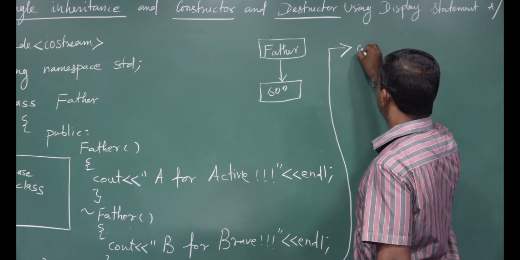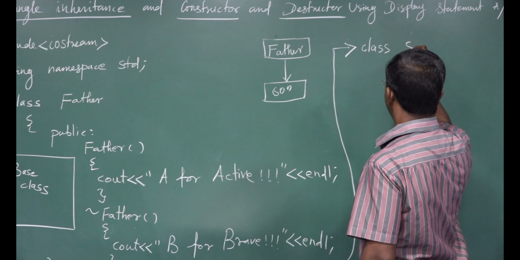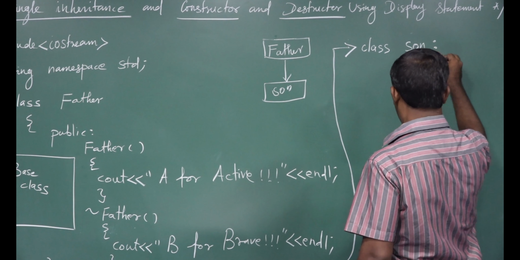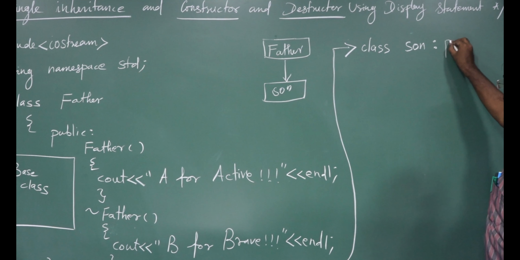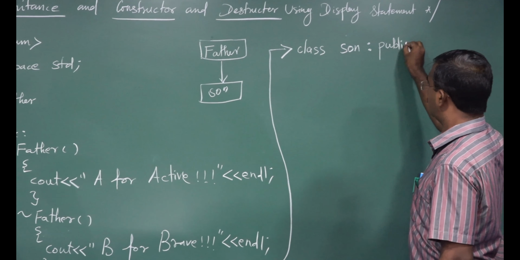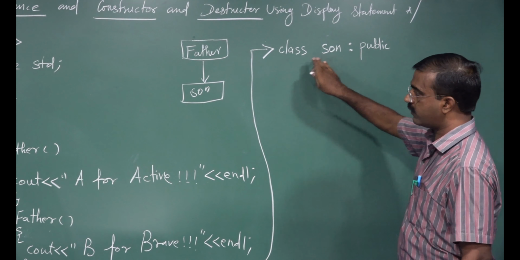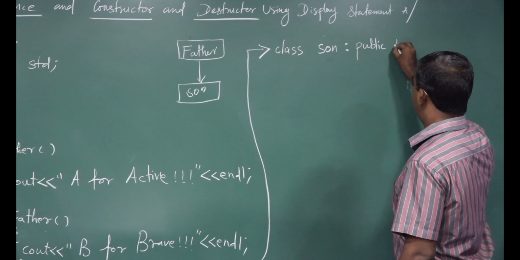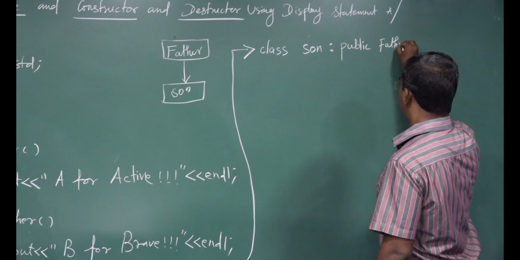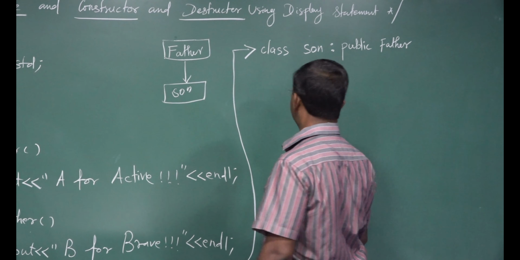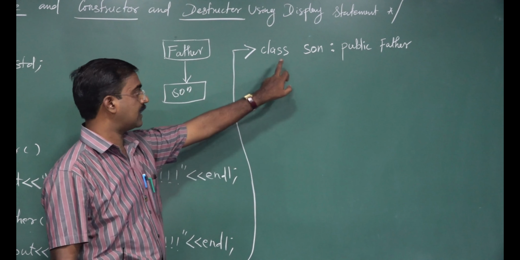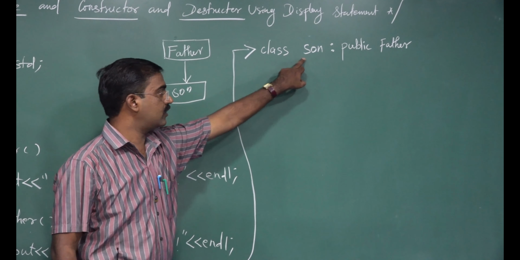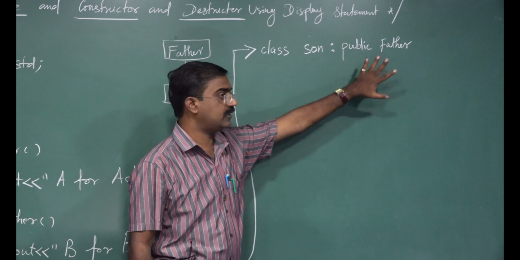The derived class: class Son colon public Father. Son comes from Father, that's why we write Father. Yes, here this is class Son colon public Father.